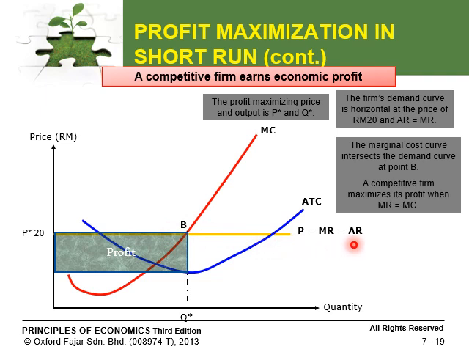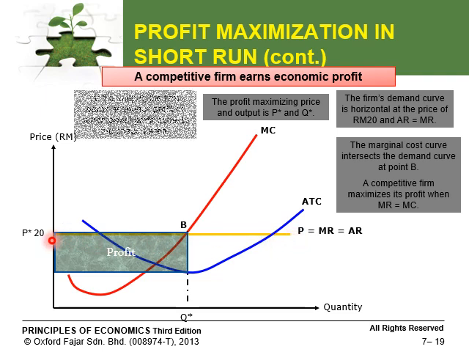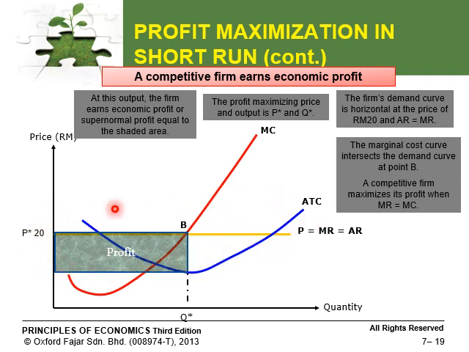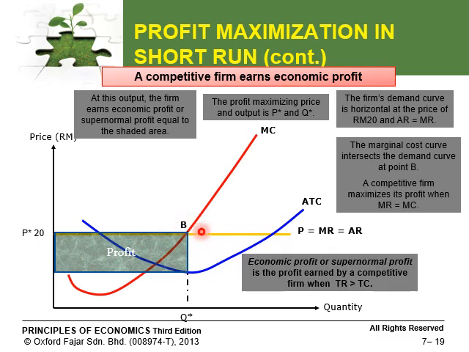Meanwhile, average revenue and marginal revenue are a horizontal line at the price of 20 ringgit. This is the price, MR and AR, for a perfect competition market. So this is point B, the profit maximization point.